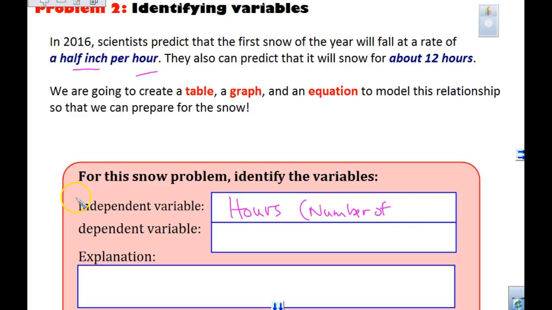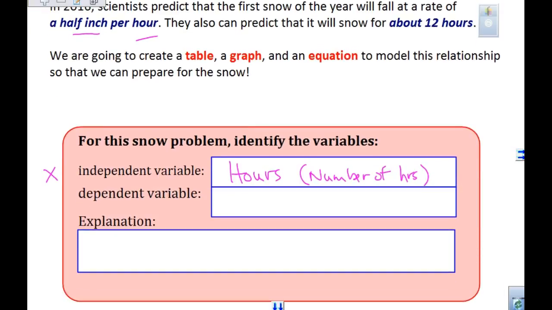And if you think about that, the independent, that's our x. And almost always, time is going to be on the x-axis. Okay? Same with Mr. Olson in science when you do an experiment. Almost always, you're measuring something and comparing it to the stopwatch or time, right? That's your independent. You control when you start and stop the stopwatch when you're measuring that.